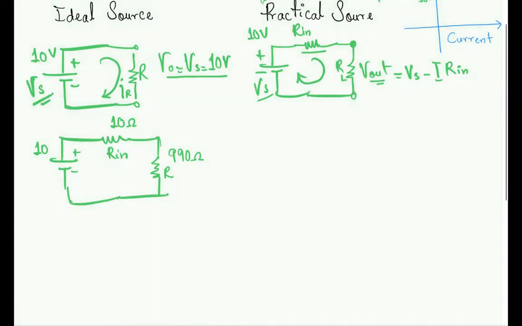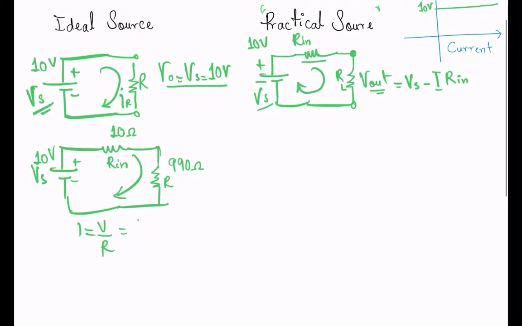From this we can apply Ohm's law to find the total current, which is Vs, 10 volts, over the total resistance, the sum of these two, which is 1000 ohms. The zeros cancel out, so you get 0.01 amps, in other words 10 milliamps.